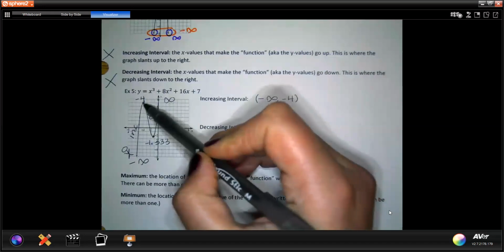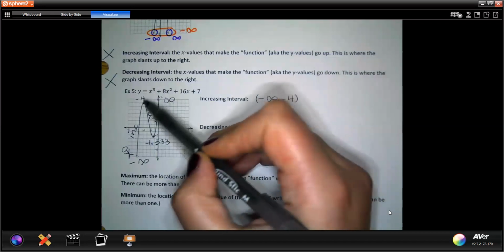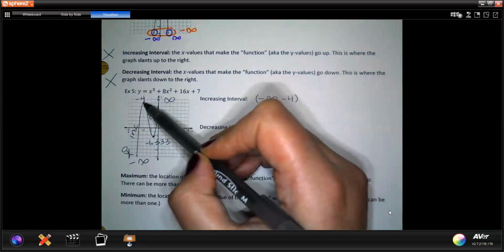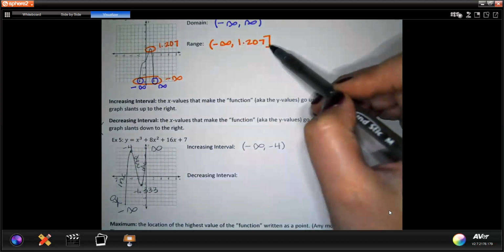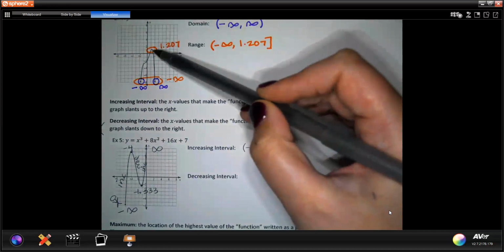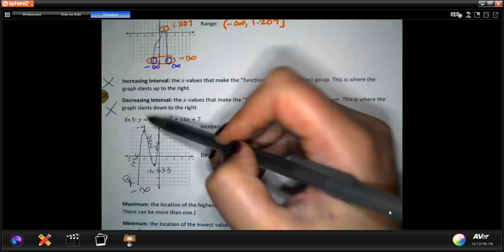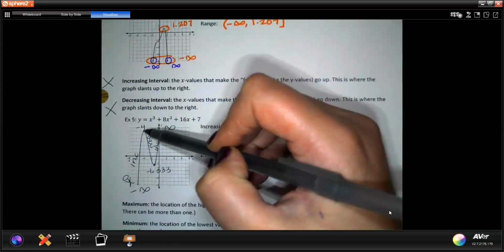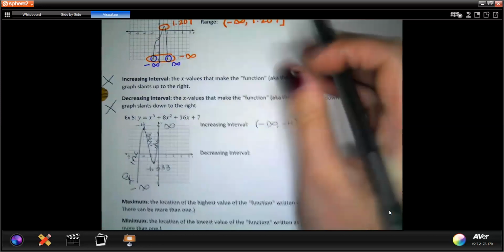That's because when the stick figure is standing here at this moment exactly, he is not still walking uphill. He's at the very top, in between uphill and downhill. So over here, we would put a bracket because we could include the number, we could say the possible y values, yes, that's a possible y value that's included. But here, if we're talking about where the stick figure is walking uphill, this value is not included.